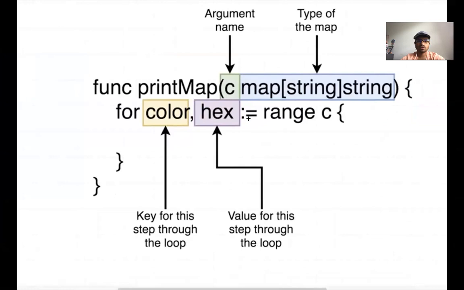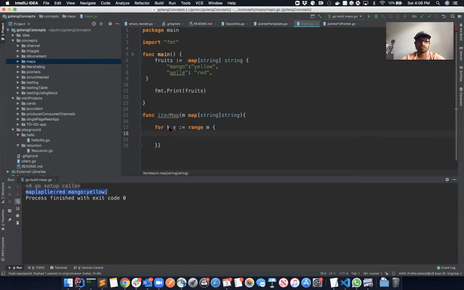See here, this is how it is. So we have the key and a value which would get initialized at every iteration from the element, whatever are the number of elements in map. So it says red because these are two unused variables. So let's try to use both of them.